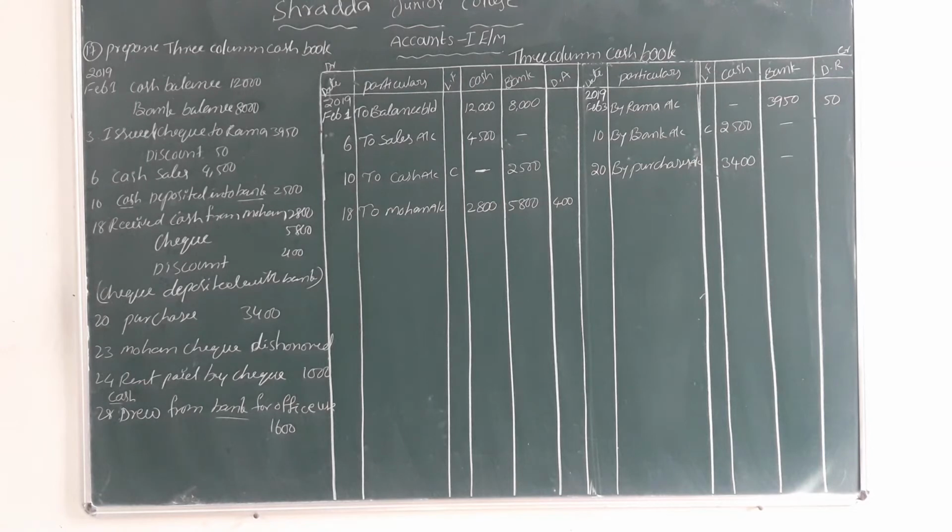So giving time means we can record which side? Credit side now. So when the check is being given, we record on the credit side.